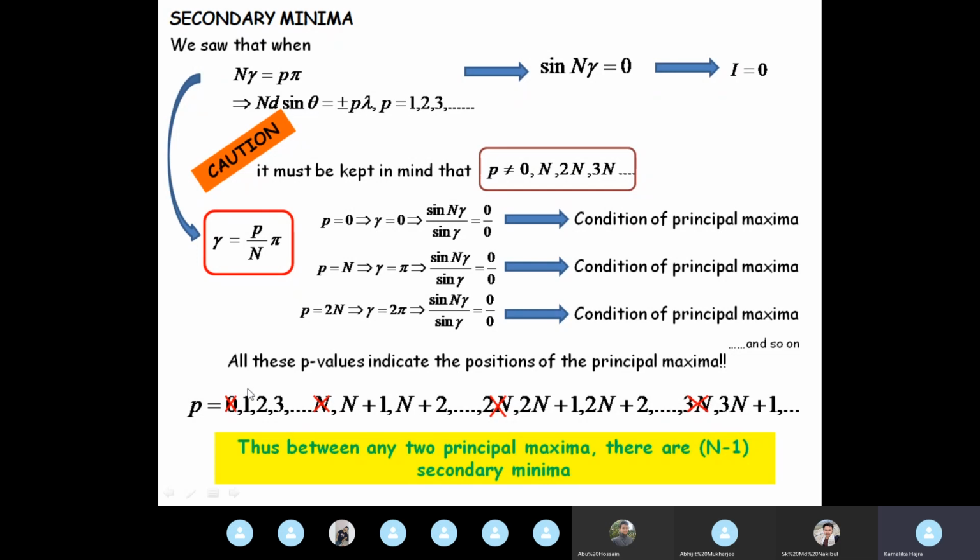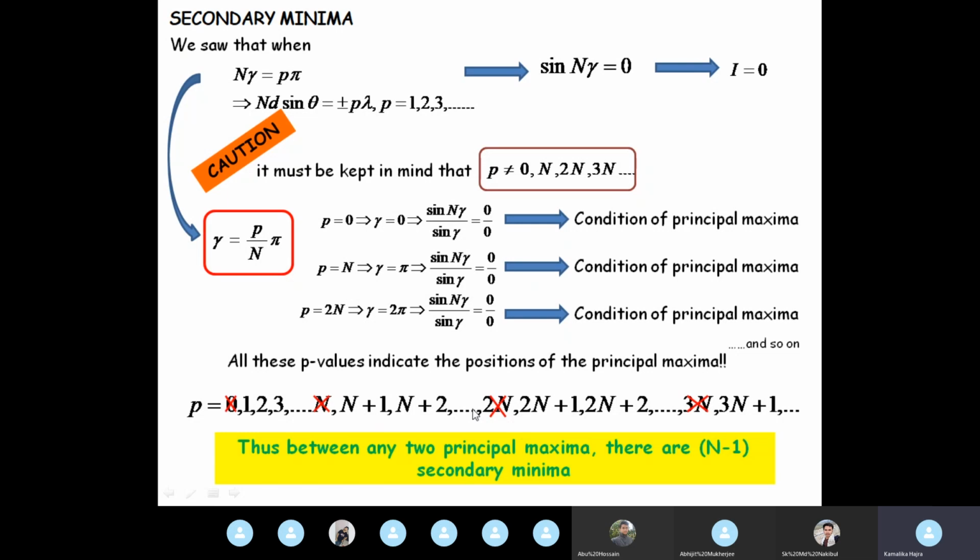Please carefully everyone pay attention over here. Principal maxima at 0, principal maxima at N. In between, these are the positions of minima. How many minima? 1, 2, 3, etc. up to N minus 1. Again, principal maxima at N, principal maxima at 2N. In between, how many? N plus 1, N plus 2, etc. up to 2N minus 1.